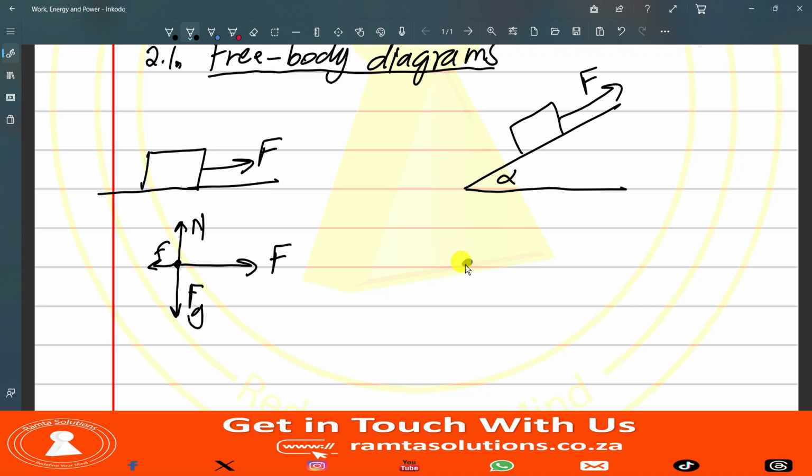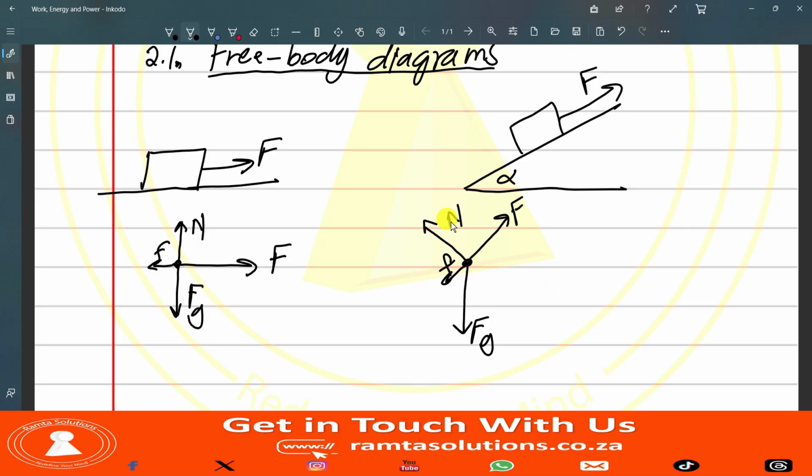One, draw the force of gravity which is perpendicular to the ground. I'm not saying perpendicular to the surface, I'm saying perpendicular to the ground, and the normal force which is perpendicular to the surface that the object is moving on. Then you have your applied force here. We said this is a rough surface, so the object will also experience some friction.